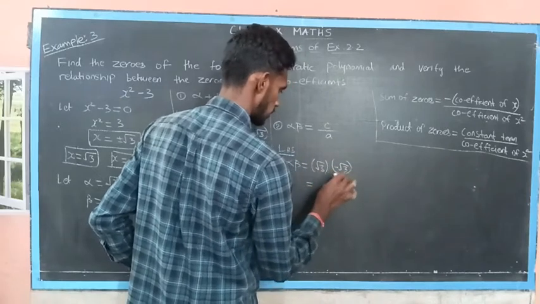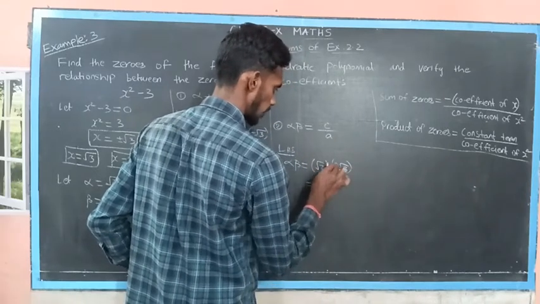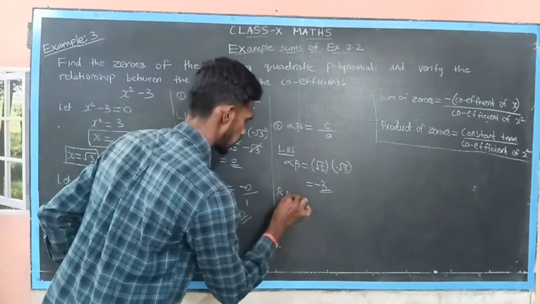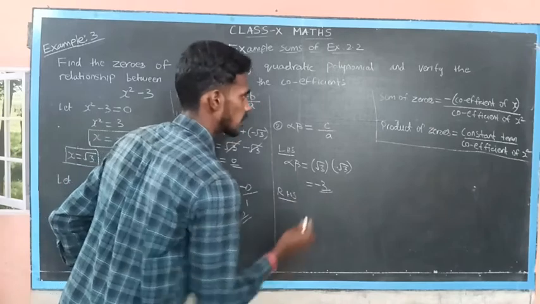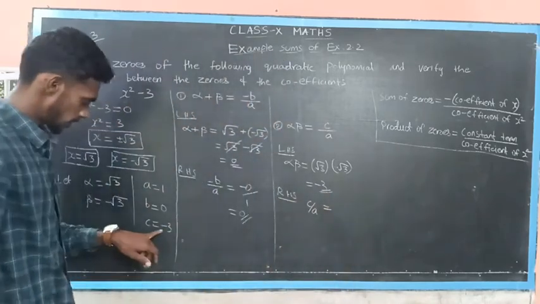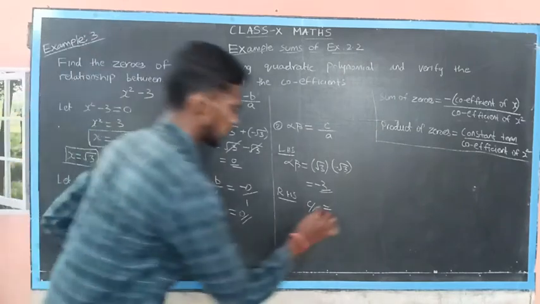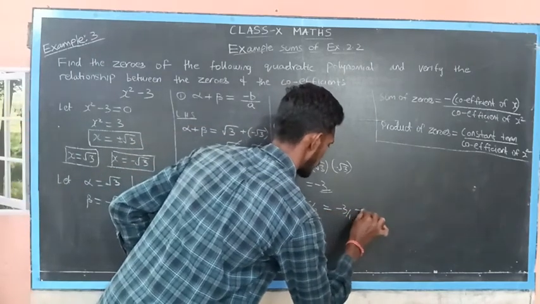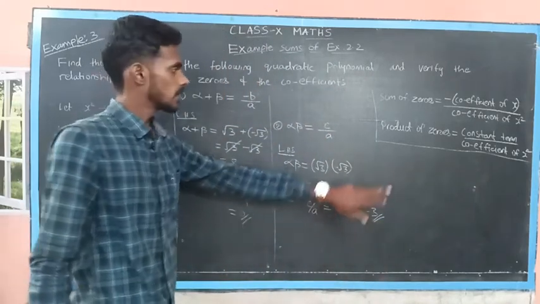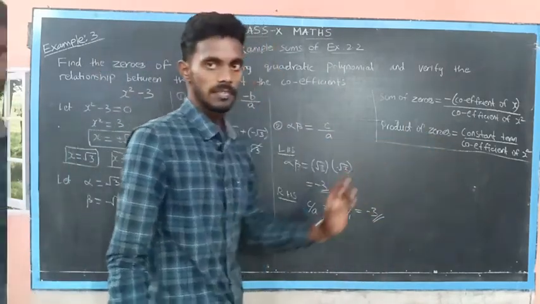So, root 3 into root 3 gives 3, plus into minus gives minus, so it is minus 3. Then consider the RHS, it is c by a. C value is minus 3, a value is 1. So, minus 3 by 1 gives minus 3. Thus, LHS and RHS are same. So, the second condition is also verified.